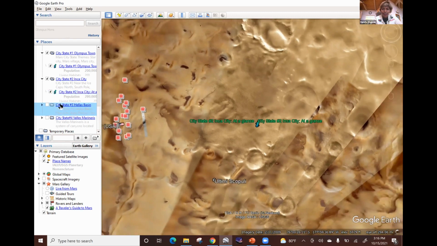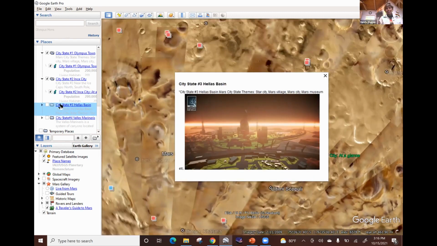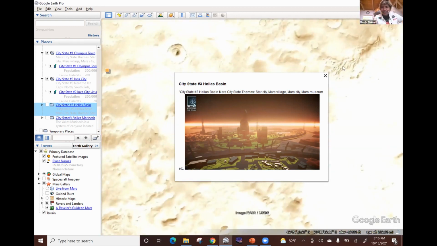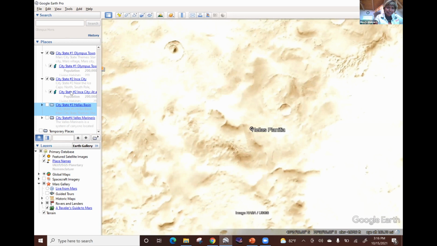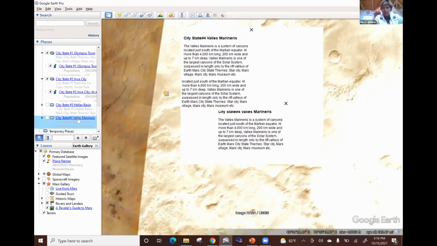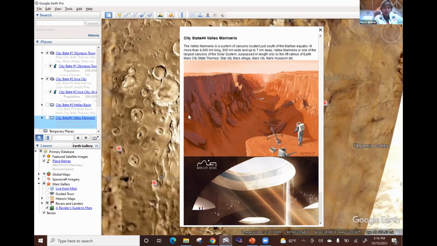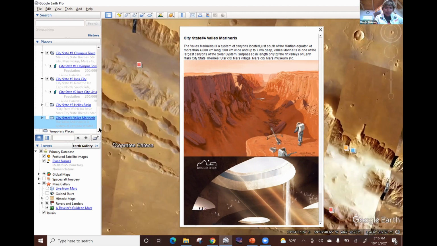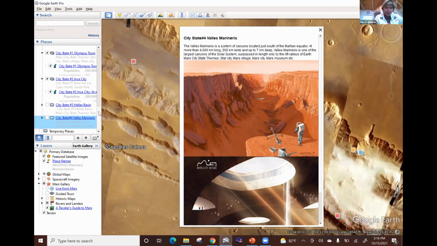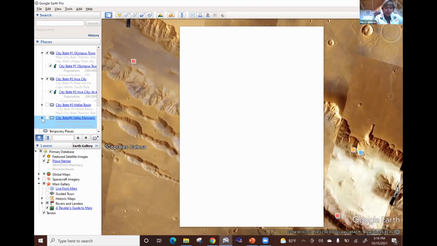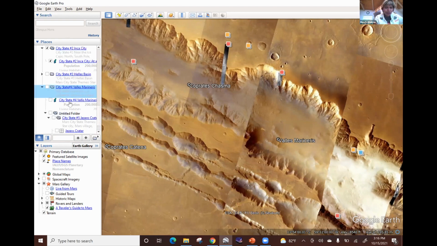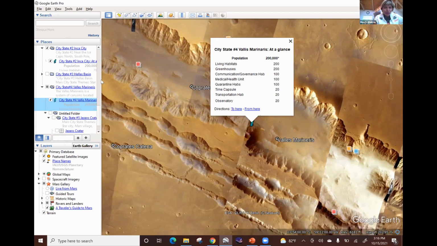Okay, there's another location. I love this map. And then from there, Valles Marineris is here. This is pretty cool. And then the state of Jezero would be, this is Valles Marineris, and yeah.